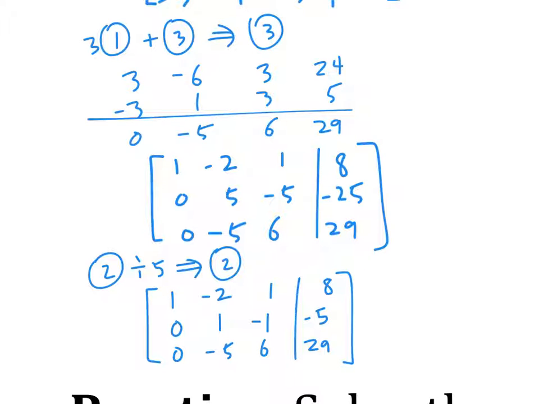Next, let's fix this -2. What should I do? Multiply row 2 by 2, add it to row 1, and replace row 1. Good.